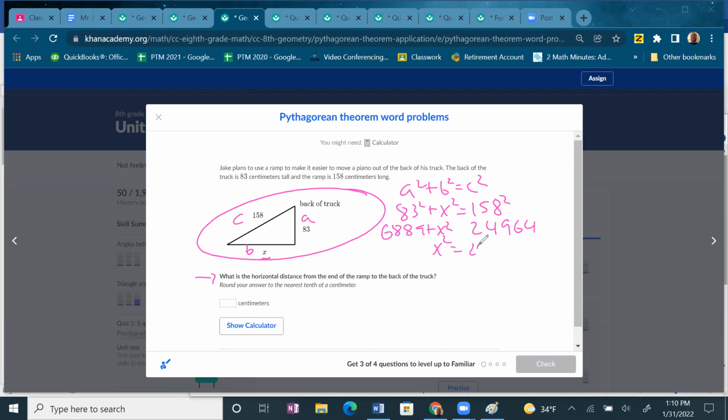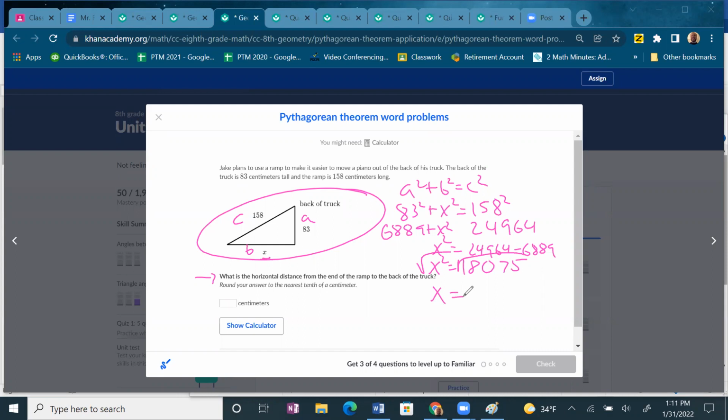So put that on the other side. So 24,964 minus 6,889 is 18,075. And then square root that.